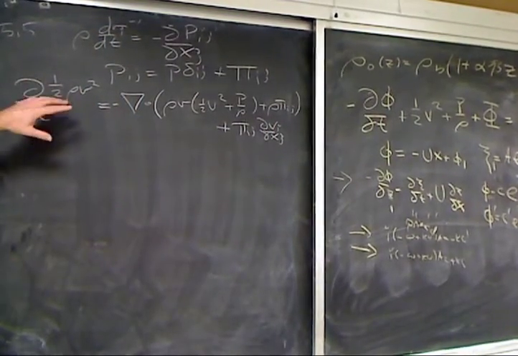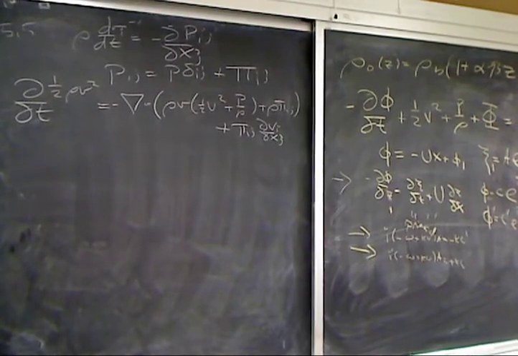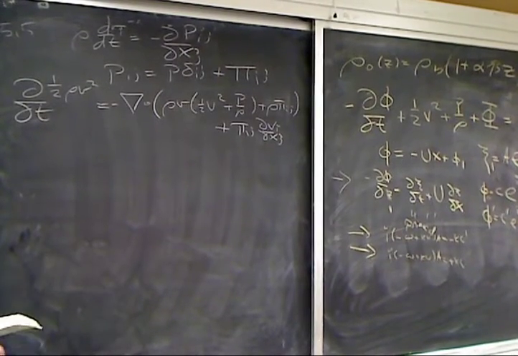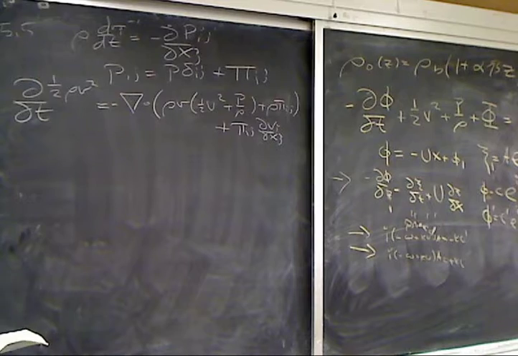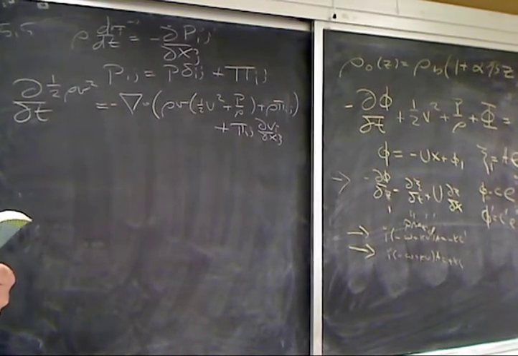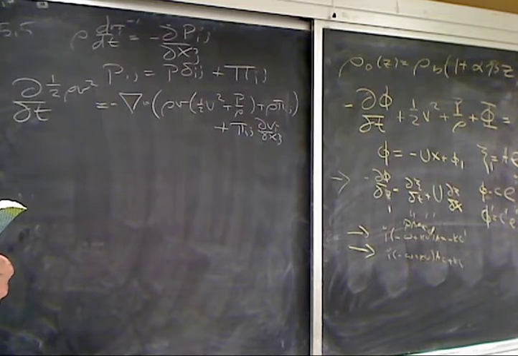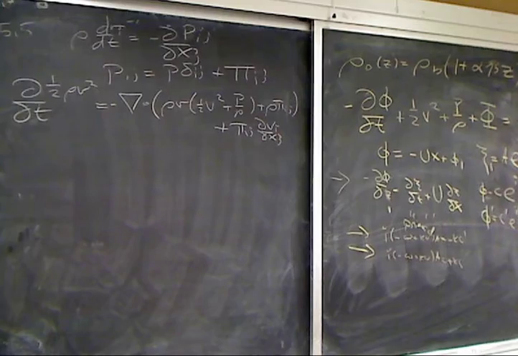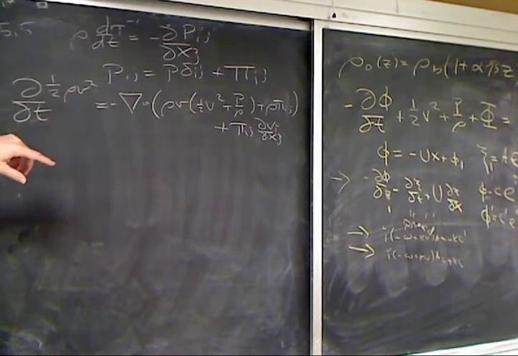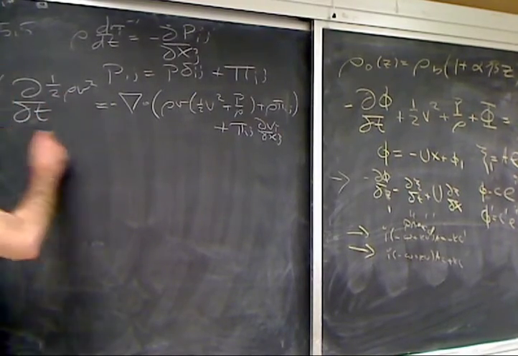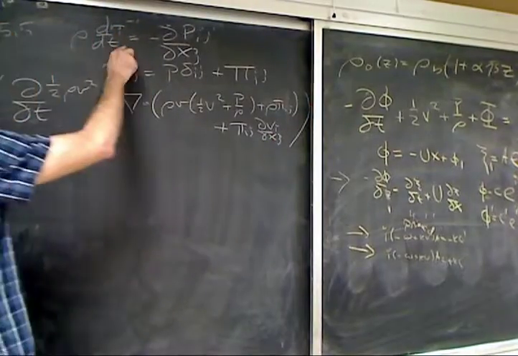I happen to remember how that all works, but let me double check that I didn't screw anything up. Yeah, that's all right. So this is where we're going, but we have to start here. Here's where we're starting.